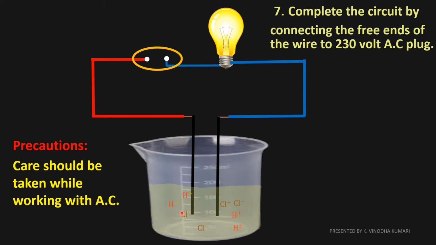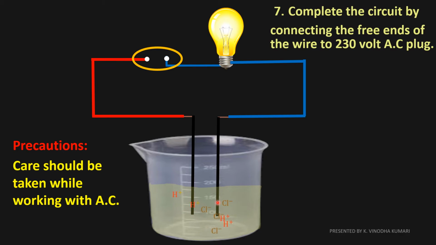Here the positive ion, that is the cation present in the HCl, is the H plus ion. This suggests that acids produce hydrogen ions in solution, which are responsible for their acidic properties. So HCl contains H plus ions.